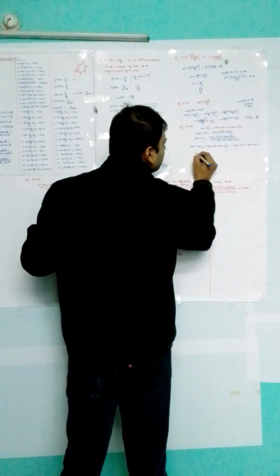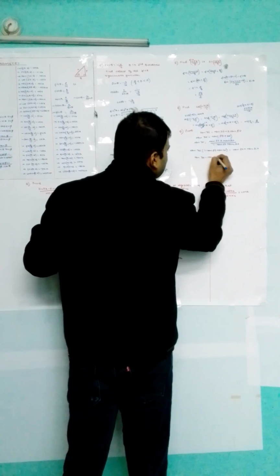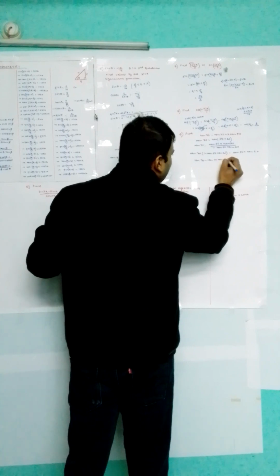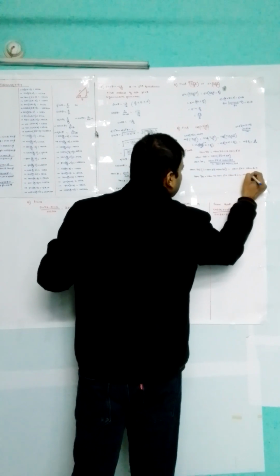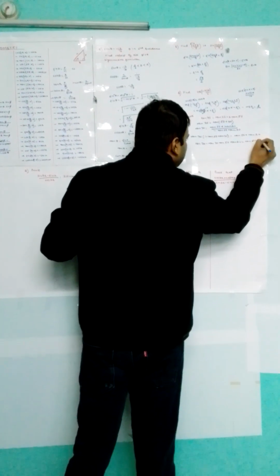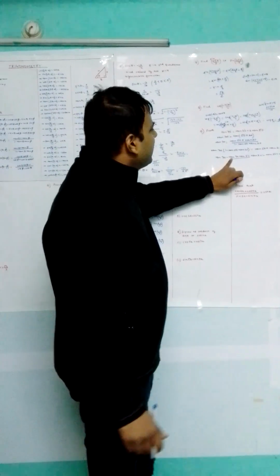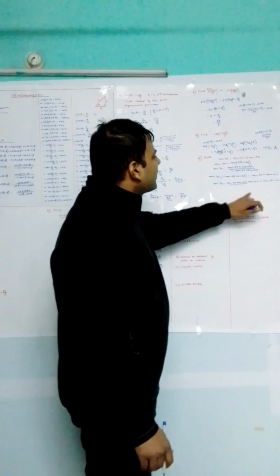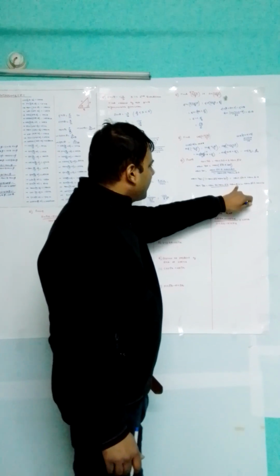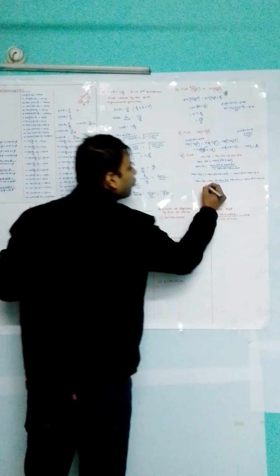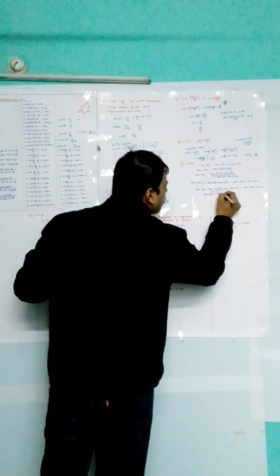So tan 70 minus tan 70 tan 50 tan 20 equals tan 50 plus tan 20. Now look, if we eliminate this tan 70 and tan 50, we will get tan 20. That is required. So we know that, look, tan of 90 minus 20 equals cot theta.